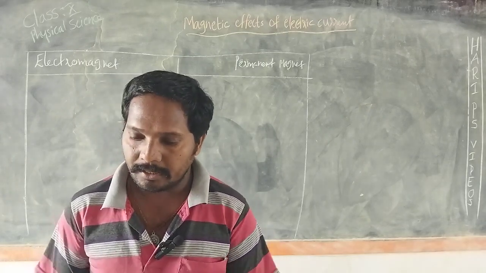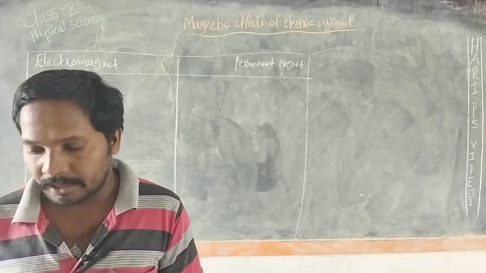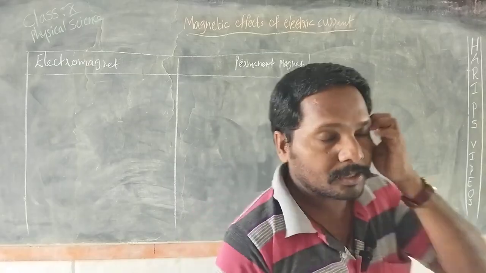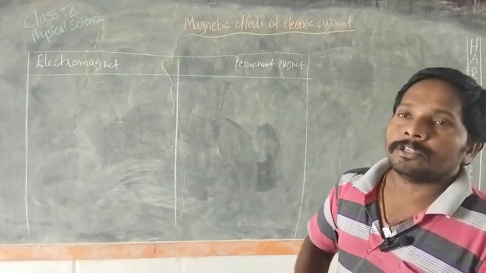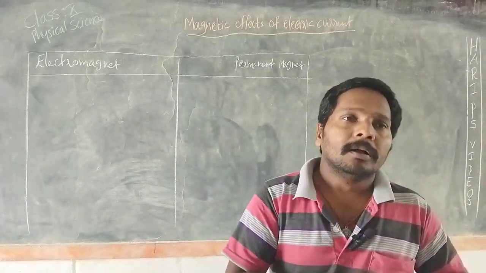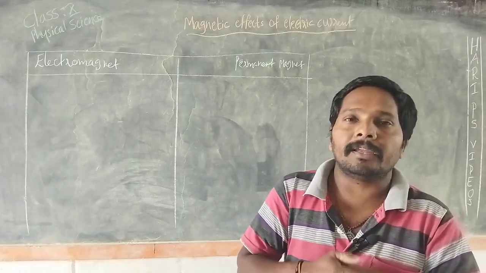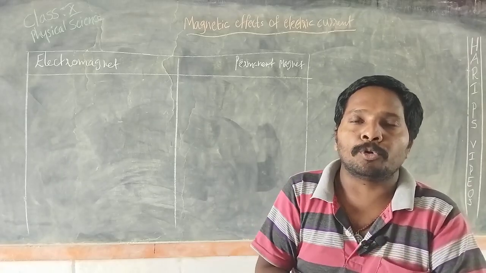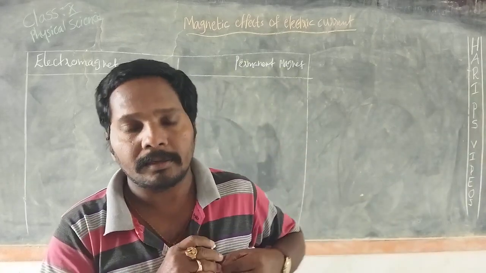As we have studied, when current passes through a long coil called a solenoid, it acts as a bar magnet, because the solenoid produces a magnetic field around it. This magnetic field is similar to the magnetic field produced by a bar magnet.